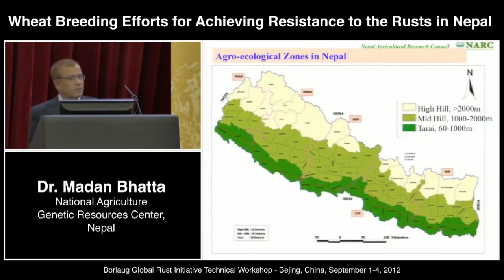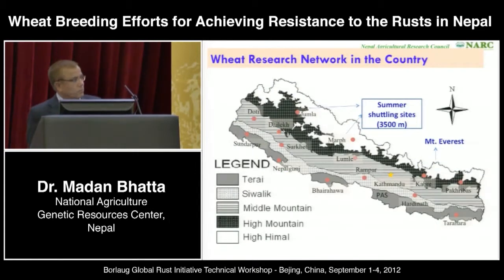The lowest dark green area represents the Indo-Gangetic plains. We call it Tarai of Nepal. That contributes around 60% of total country wheat area and more than 70% of total wheat production.